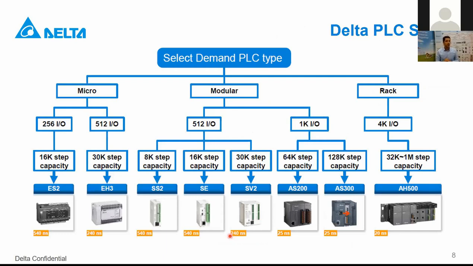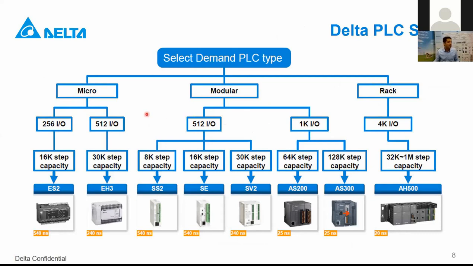But these are just families, and there are many sub-models, so it is sometimes quite difficult to choose which CPU is right for my application. This scheme shows more or less how we can decide which PLC series to go with. Here you can see we can categorize them as micro, modular, and rack.